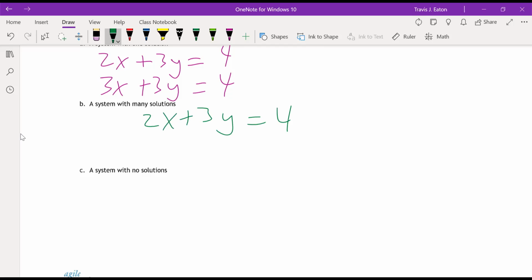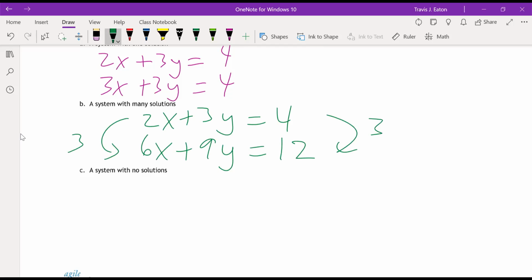But watch what I'm going to do. I'm going to multiply everything in this first equation by the same something. So how about I multiply everything in that first equation by 3. So 6x plus 9y equals 12. I've multiplied everything by that same number, 3.